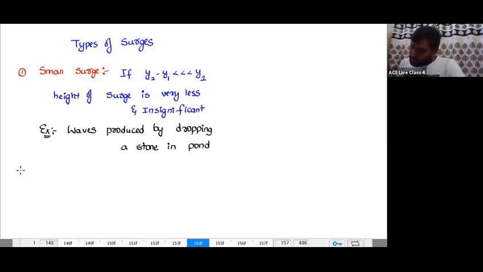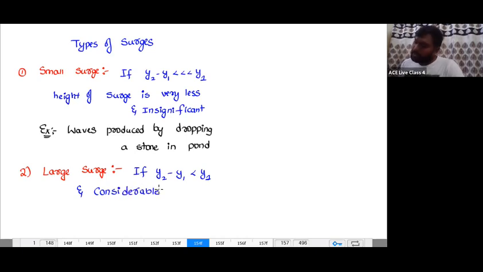And the second one is a large surge. When do you say large surge, sir? When y2 minus y1 is not very less compared to y1 and is considerable, then we say it as a large surge.